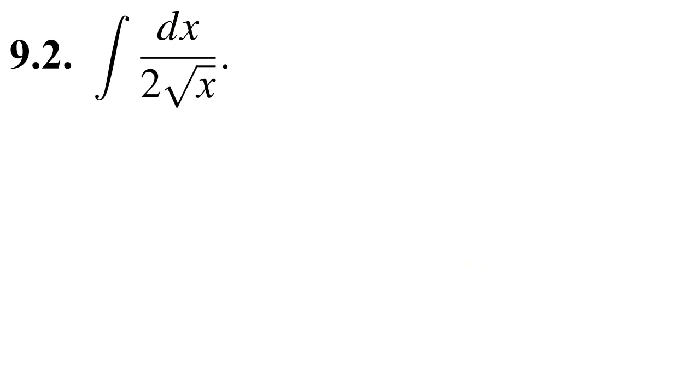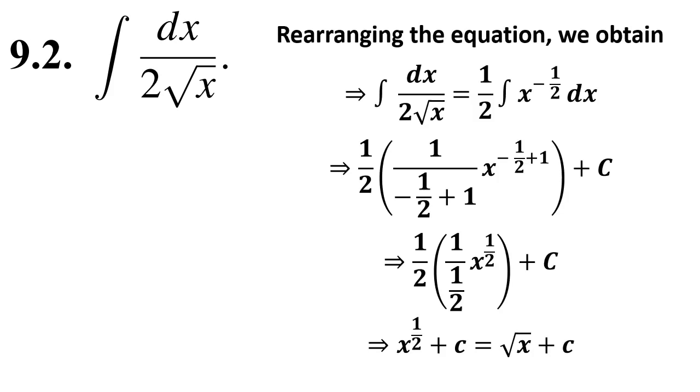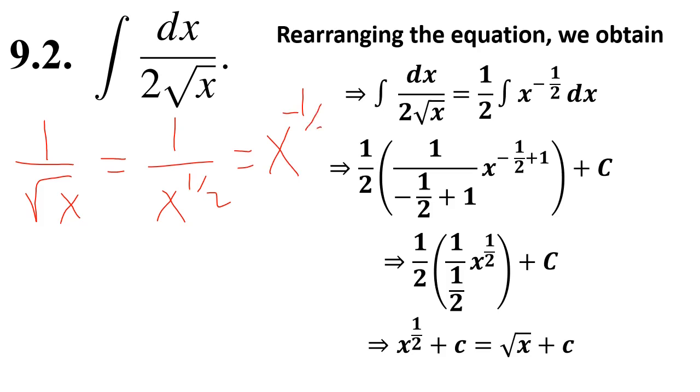Now for 9.2, it becomes very interesting as it is different from the normal form x to the a we saw above. So what you have to do here is rearrange the equation into the form we obtained earlier. So for you to do that, you simply take the half out of the integral sign, and you observe that 1 on root x is equal to 1 on x to the power half, which is equal to x to the power negative half.